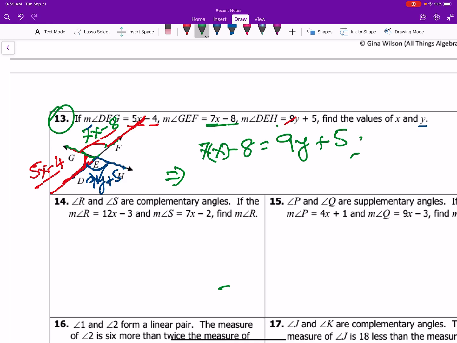Yes, 16. So 7 times 16 over here, minus 8, is your 9y plus 5. So you got x as 16.